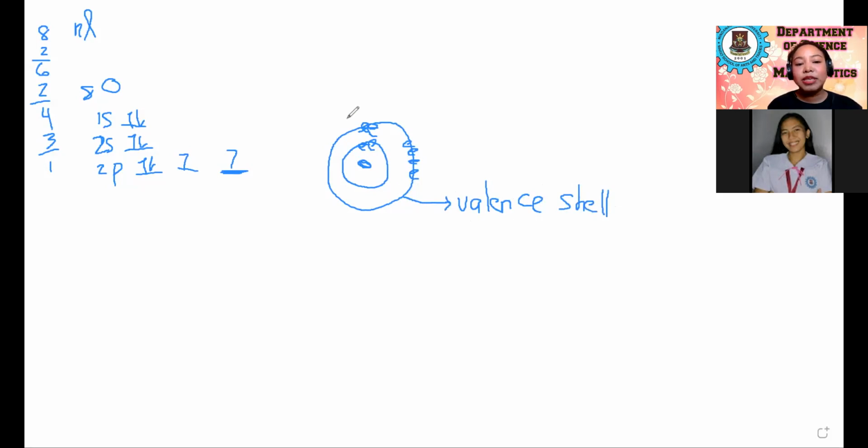So, gi-specify siya, valence shell. Now, the electrons found in valence shell are tawag pod na sa valence electron. So, kining mga electron nga nasa pinaka-outermost shell is what we call as the valence electron.